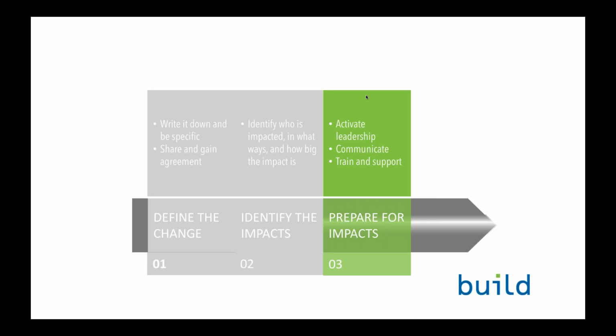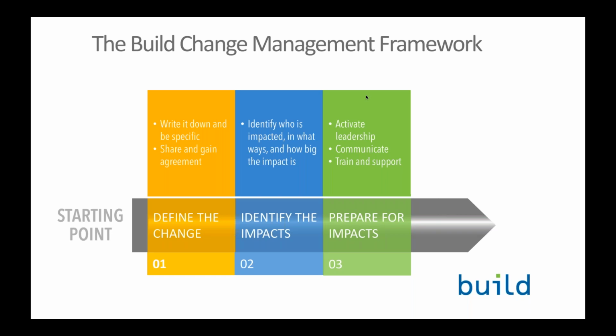And then third, you need to make sure that you're training the right people at the right time and that you have the right support for them after you go live or after the change happens. So that's the framework. Define the change, identify the impacts, prepare for the impacts.